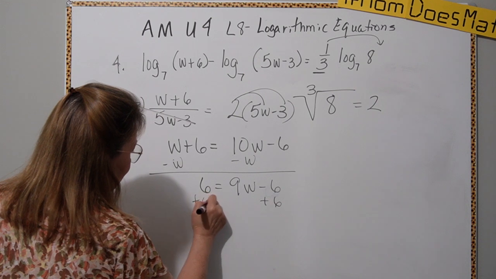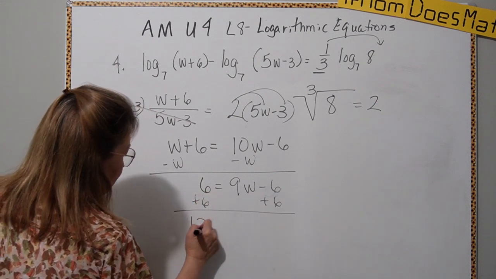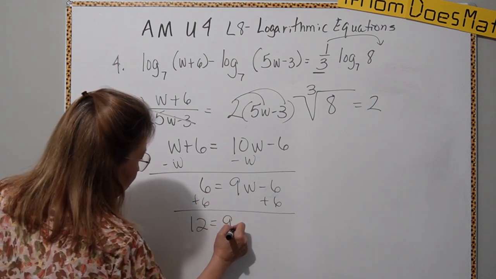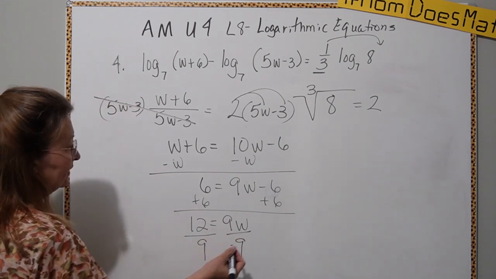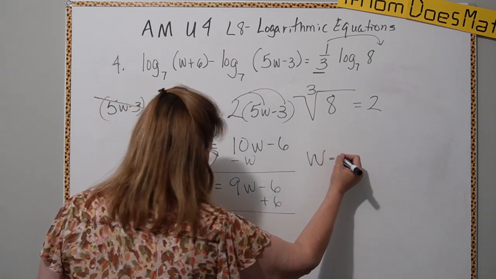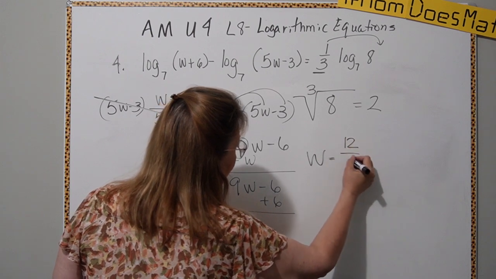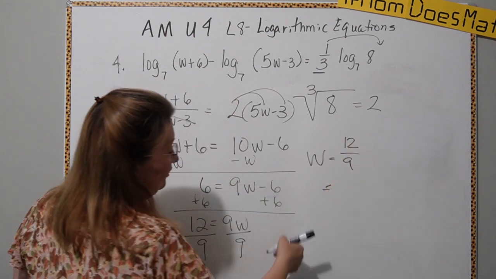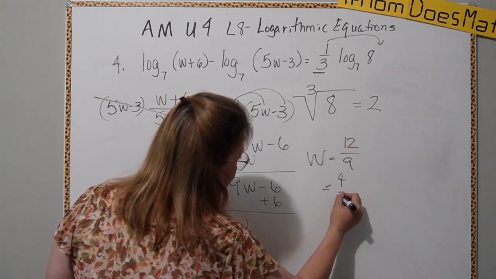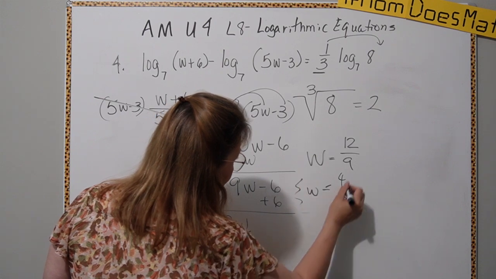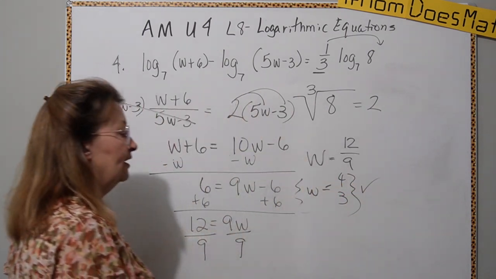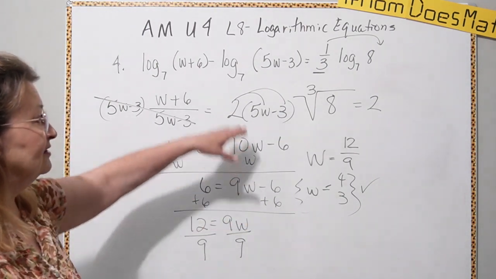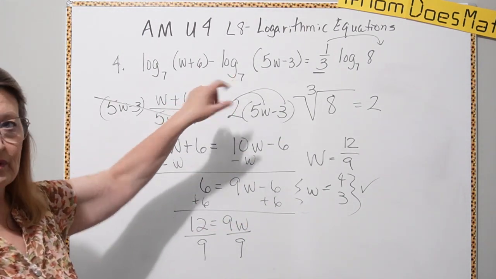Then add 6 to each side. So 12 is equal to 9w. Divide both sides by 9, and you get w is equal to 12/9, which reduces down. 3 will go into both of those to 4/3. And if you plug it in, it does make a true statement, and it also does not make a non-zero or a non-positive argument. So you're good to go.